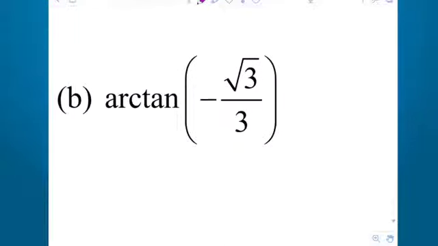Arc tangent of negative square root of 3 over 3. What quadrant is it going to be in, first of all, if it's a negative? Well, it has to be 1 or 2 or 4 because you have to not have matching signs. 1 or 4.